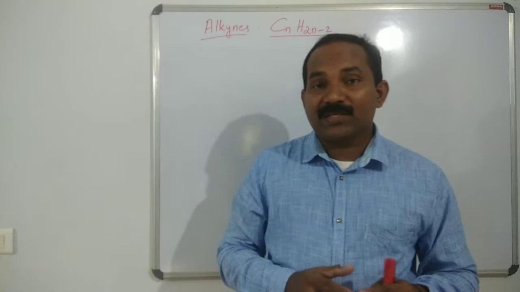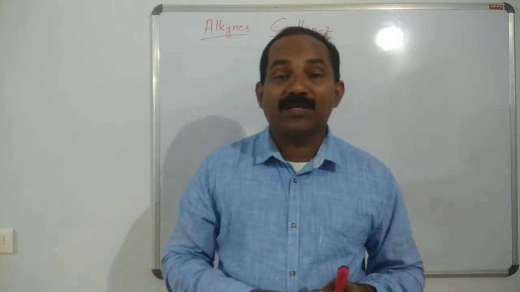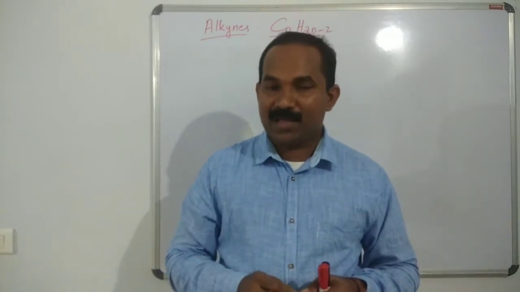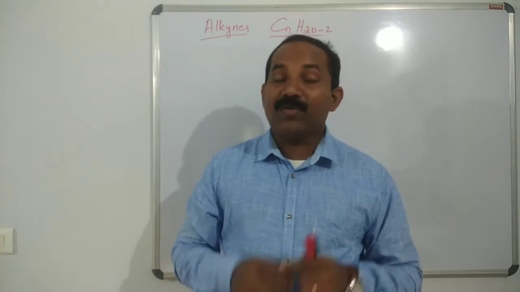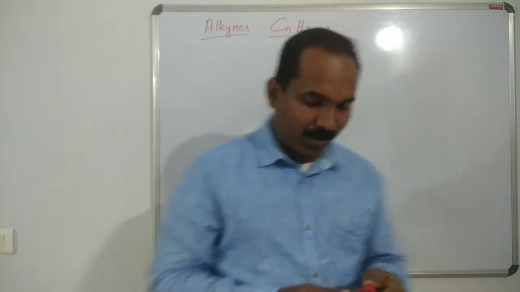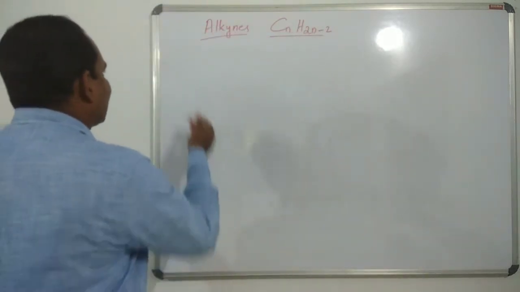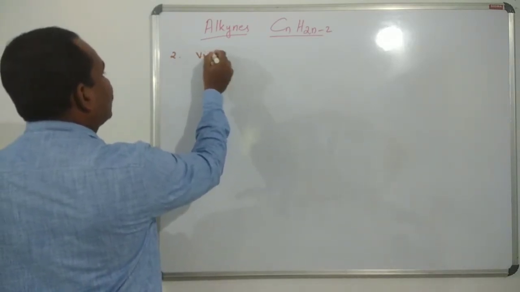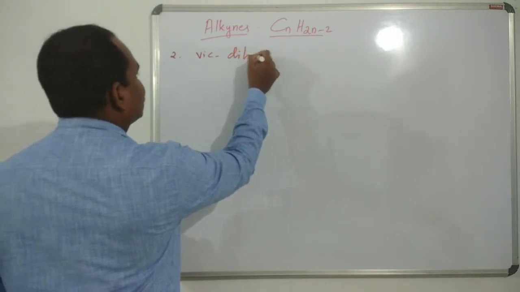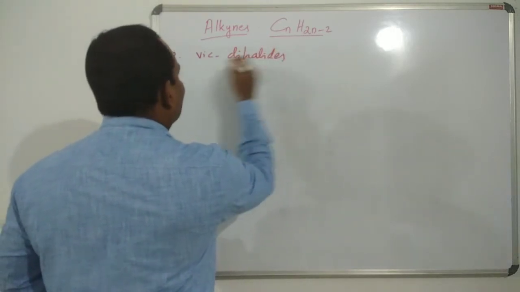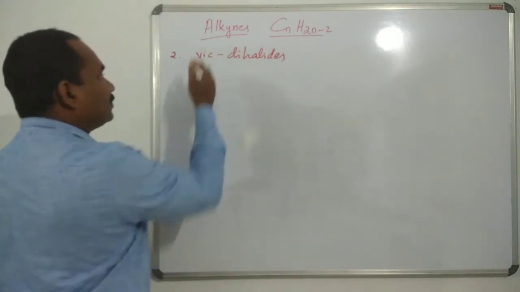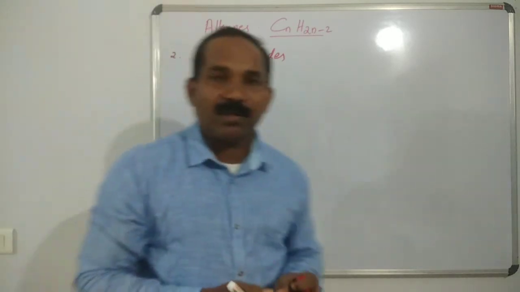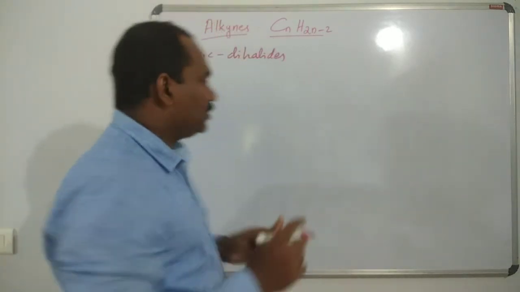This intermediate is again treated with sodamide, NaNH2, we get alkynes. So let's discuss the second preparation, from vicinal dihalides. And you know what Vic means? Vic means vicinal, in organic chemistry.